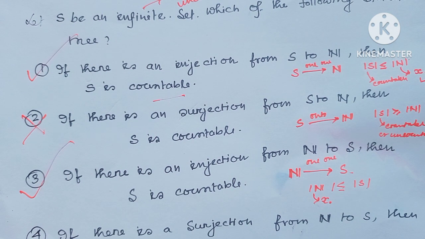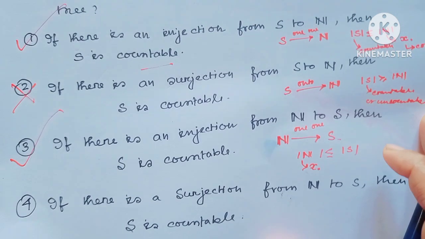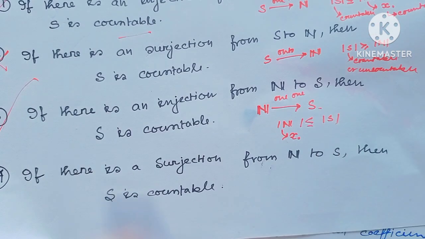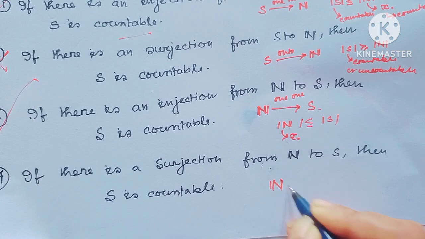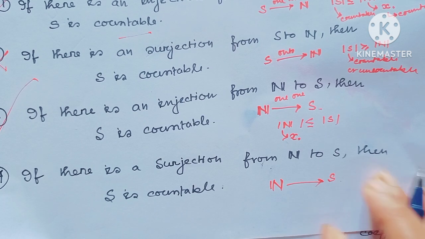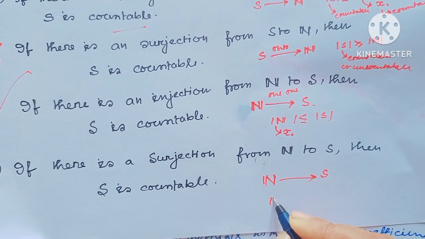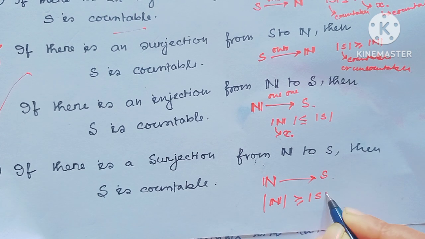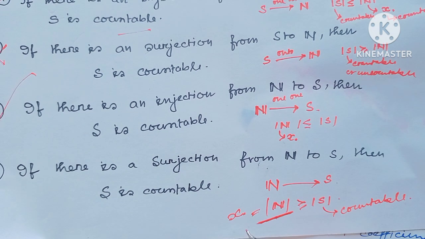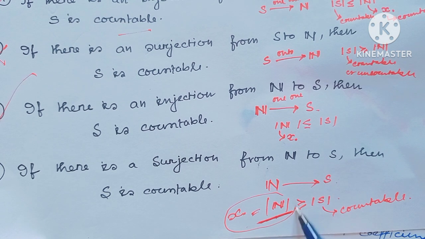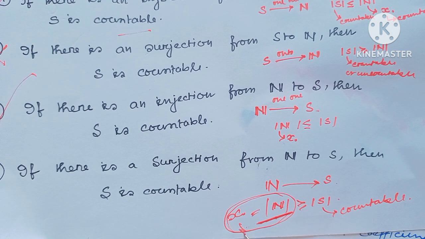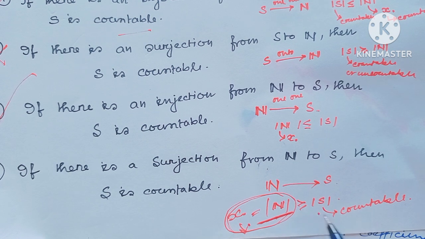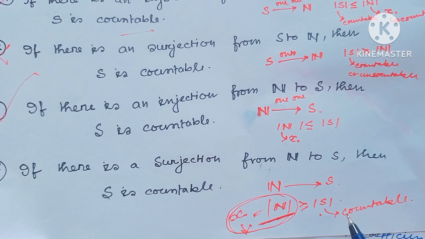And option 4 indicates there is a surjection, meaning an onto map, from natural number to S. That means the cardinality of N should be greater than or equal to the cardinality of S. Since the cardinality of the natural numbers is aleph naught, which is countable, obviously S would be countable, like any subset of natural numbers.